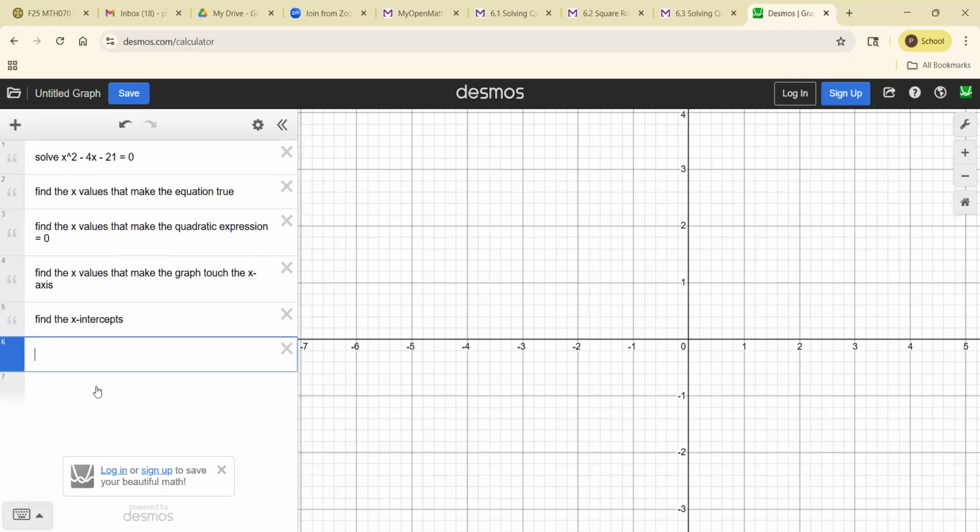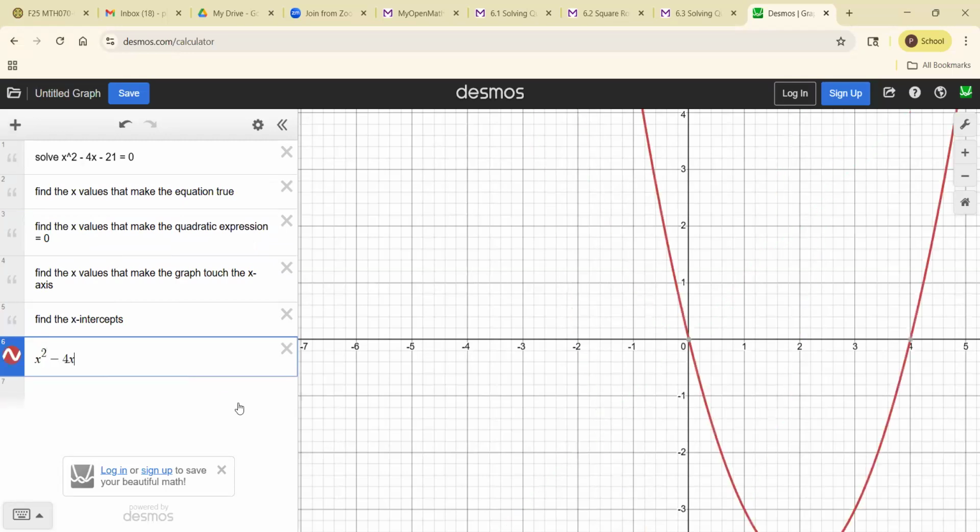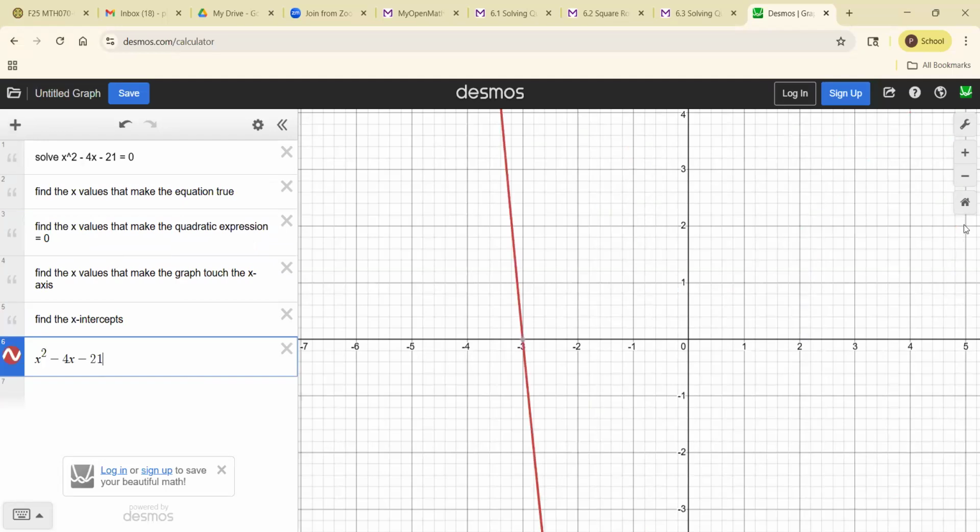And so let's do it. Let's find the x-intercepts using the graph x squared minus 4x minus 21.